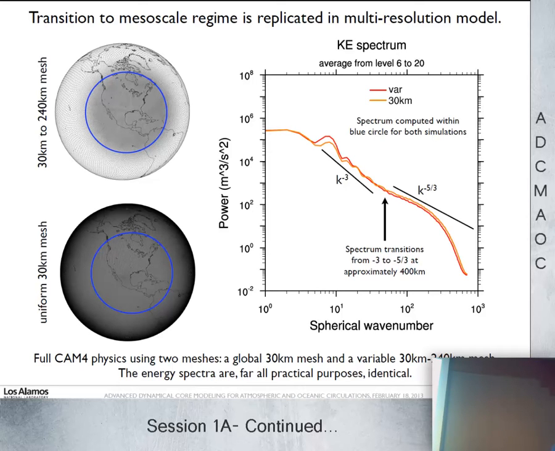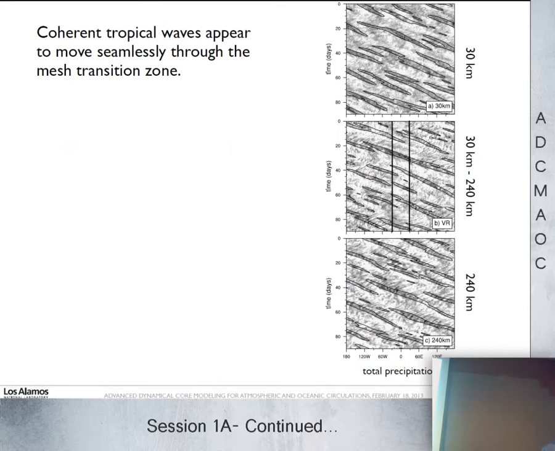So the fluid dynamics within this region is identical to the fluid dynamics within this region from the global 30-kilometer simulation. And we've done other tests that have convinced ourselves that from a fluid dynamics point of view, this multi-scale approach works extremely well. And so here is one more example of that.